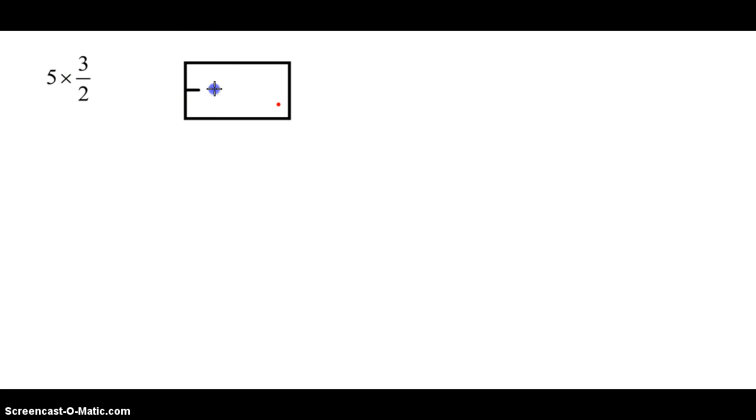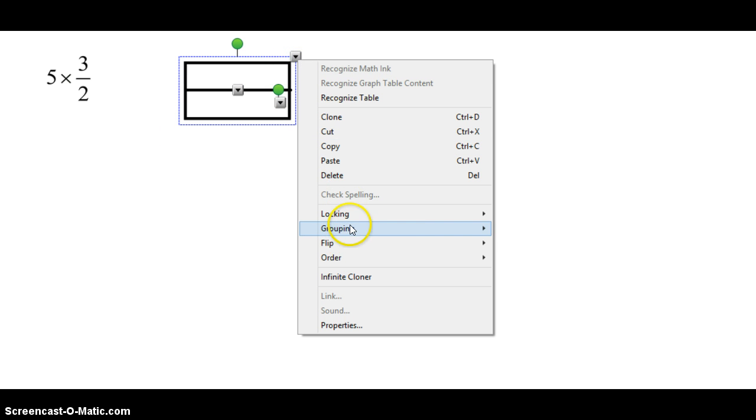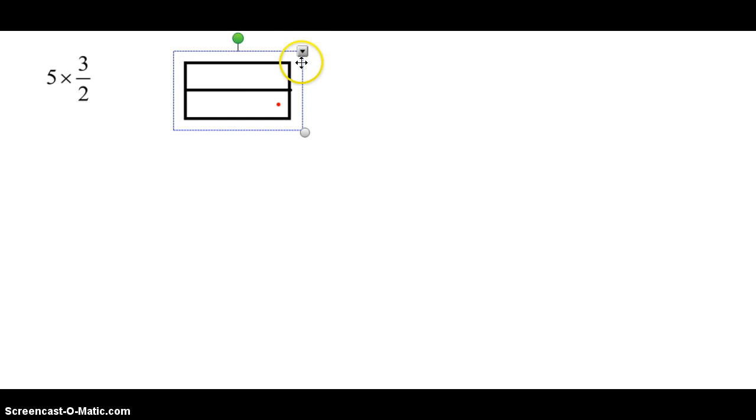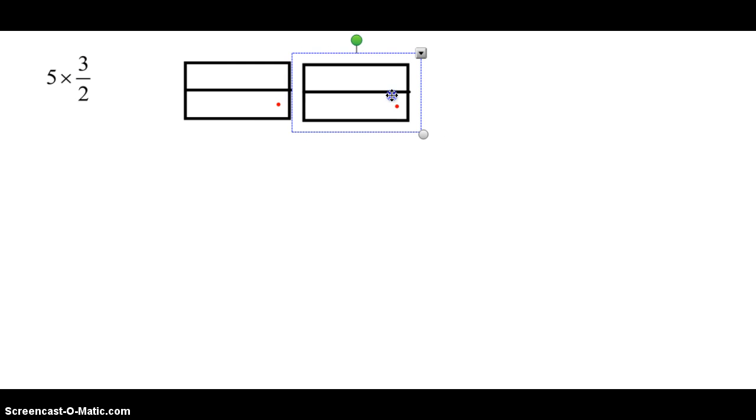I'm going to copy that and be lazy here and group that so I don't have to. I'll just paste that. So now I want to model 3 halves. Well, there's 1, there's 2, and there's 3. So it's 1 whole plus a half more.